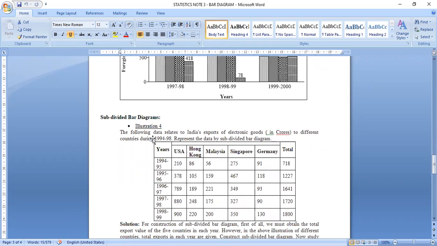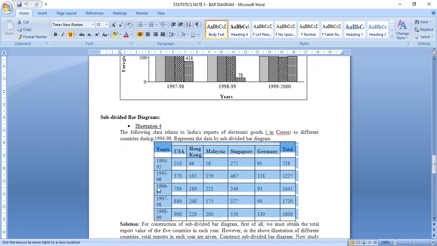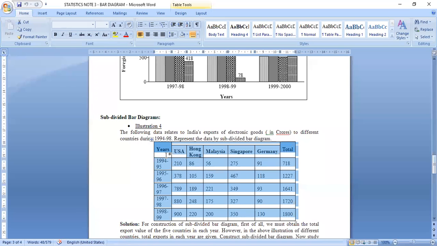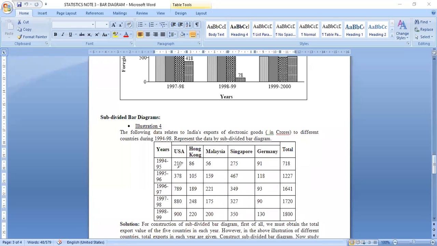Again there is bivariate data. Here as x, x has these values, 5 values of x.